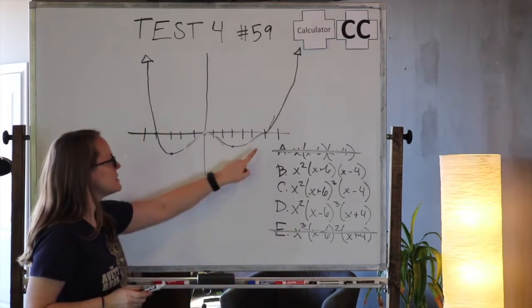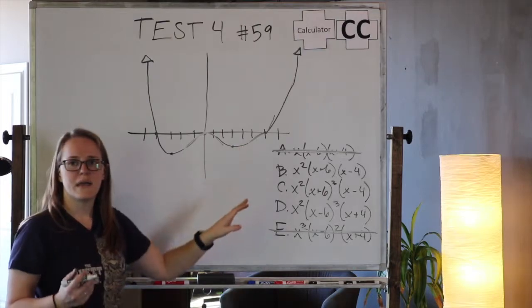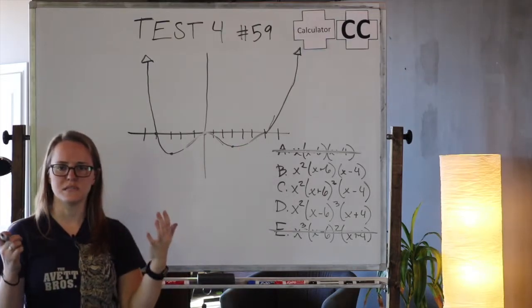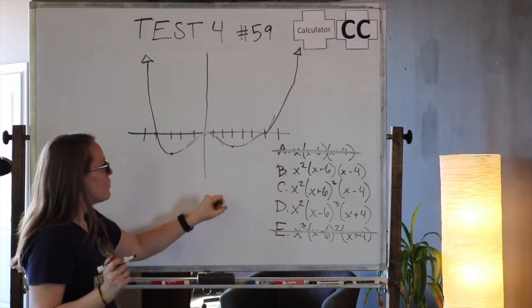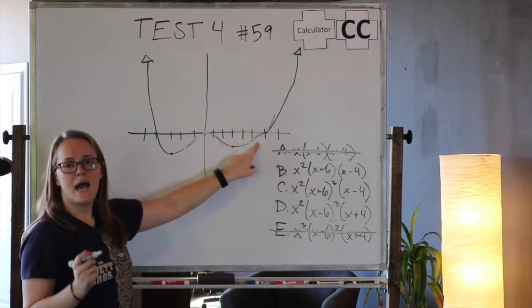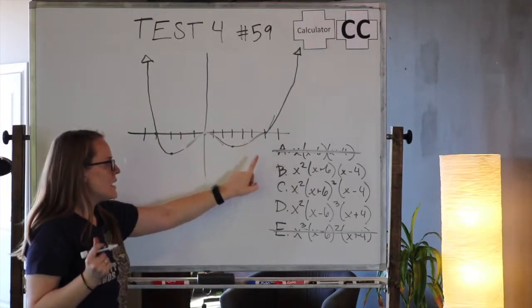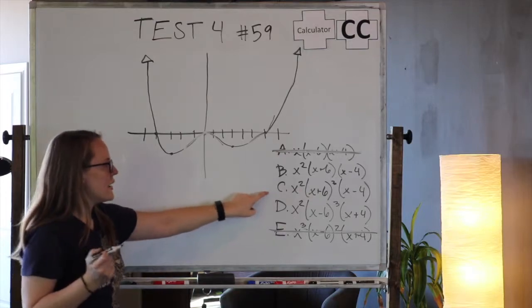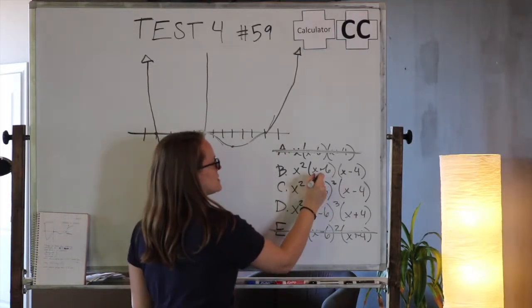Next, I want to look at this spot, x equals 6. So this is what you would plug in. If you plugged in x equals 6, it would equal 0. So we know there's something going on, an odd exponent at x equals 6. And you can see both option B and option C do have something at x equals 6, but it's the wrong sign.